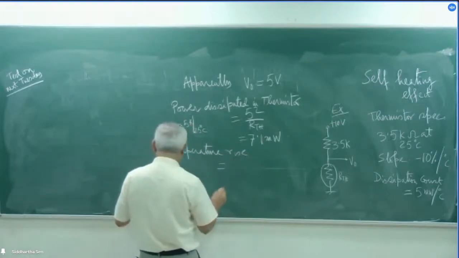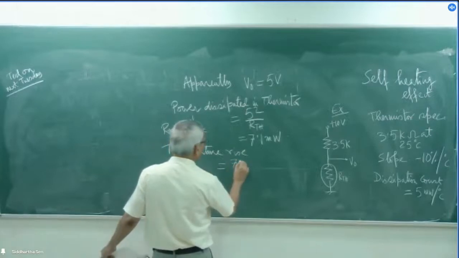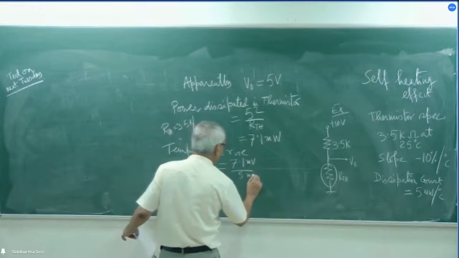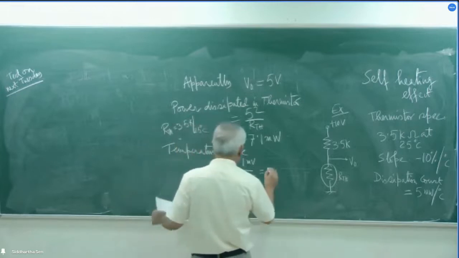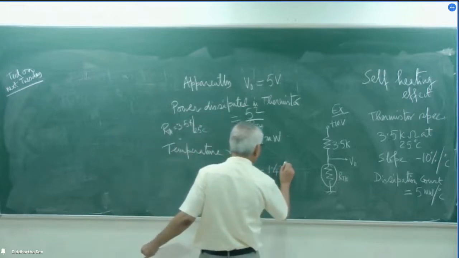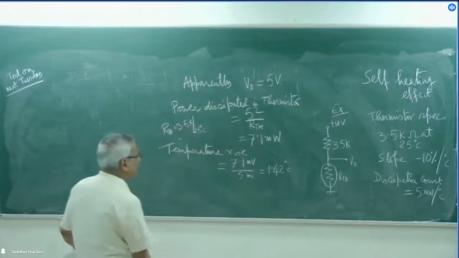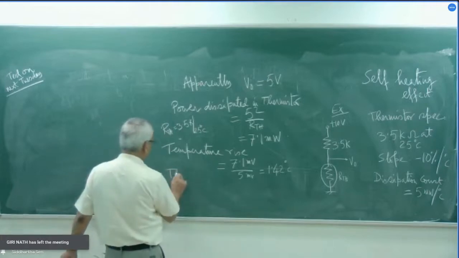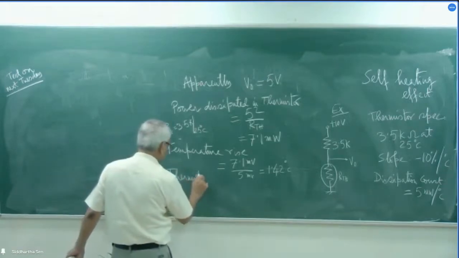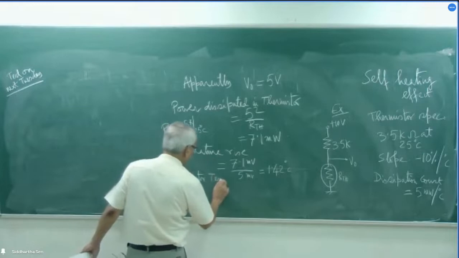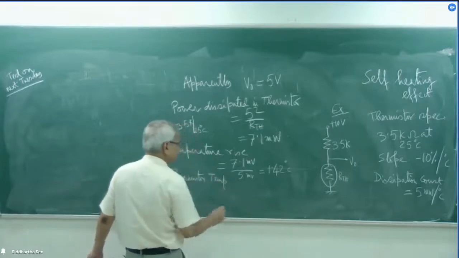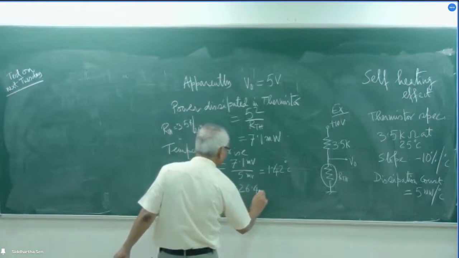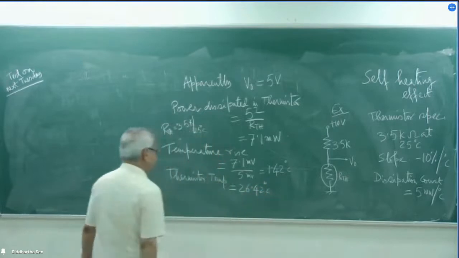It is equal to 7.1 milliwatt divided by 5 milliwatt per degree Celsius. So this will cause 1.42 degrees Celsius rise, so that means the thermistor temperature now becomes 26.42 degrees Celsius.